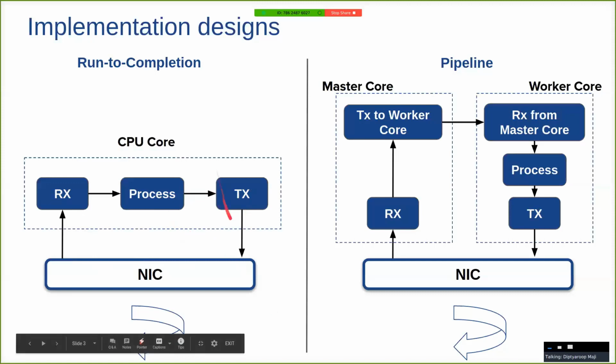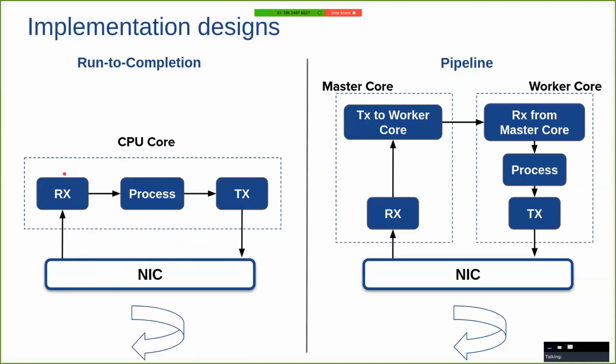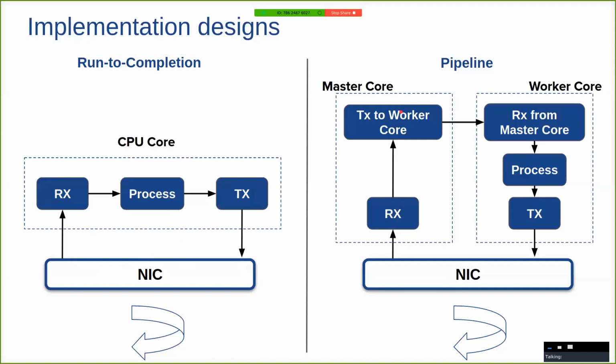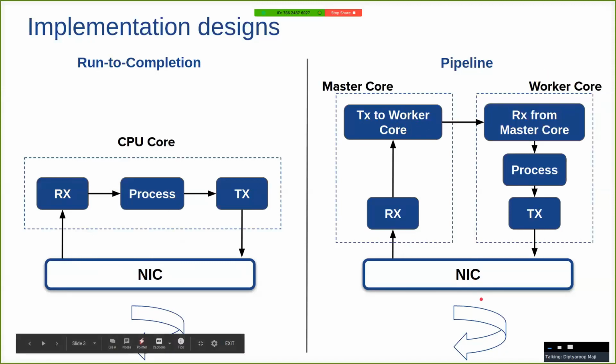So it transmits the current batch, only then it can receive the next batch. But the master core in the pipeline design is free to receive packets while the worker cores are processing them.